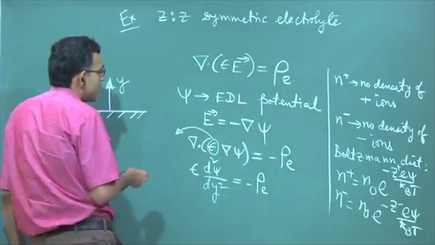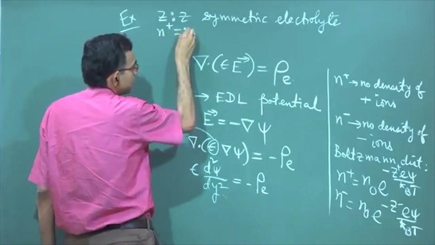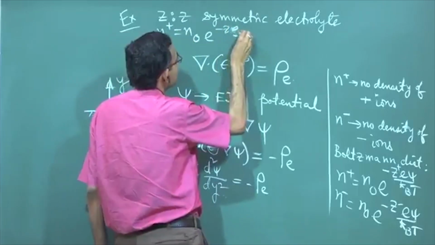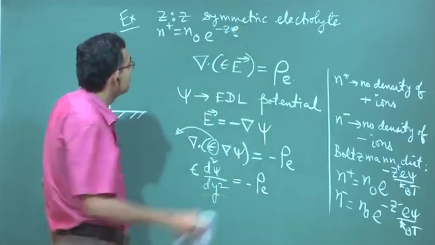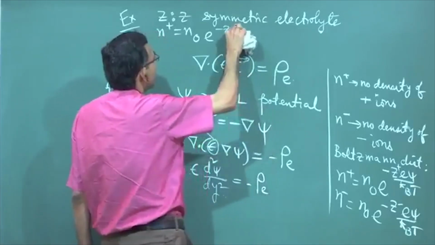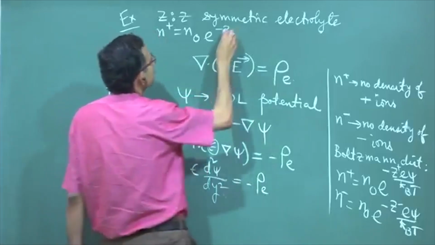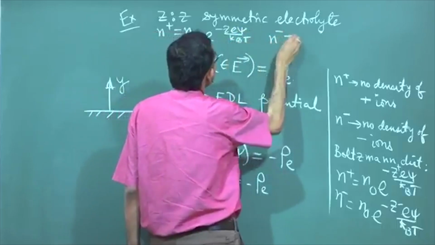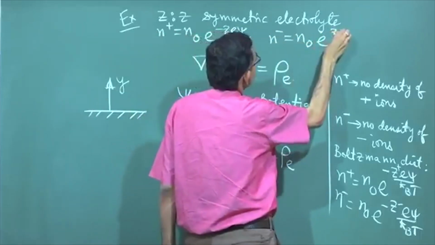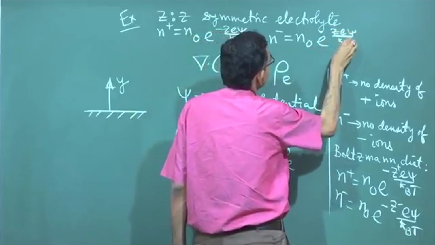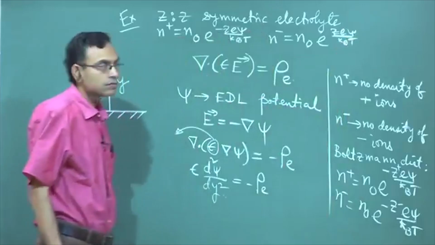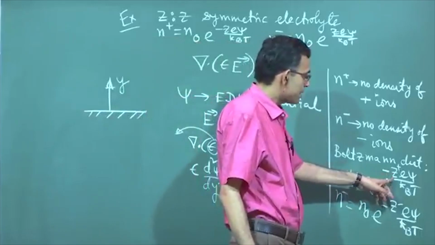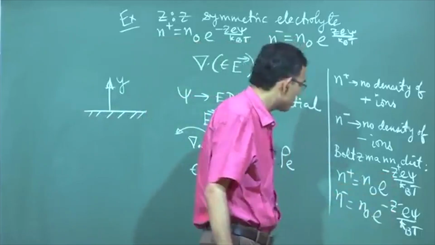So, if you have Z is to Z, then n plus is equal to n0 e to the power minus z e psi by kBT. Here we have substituted plus z, here we have substituted minus z.